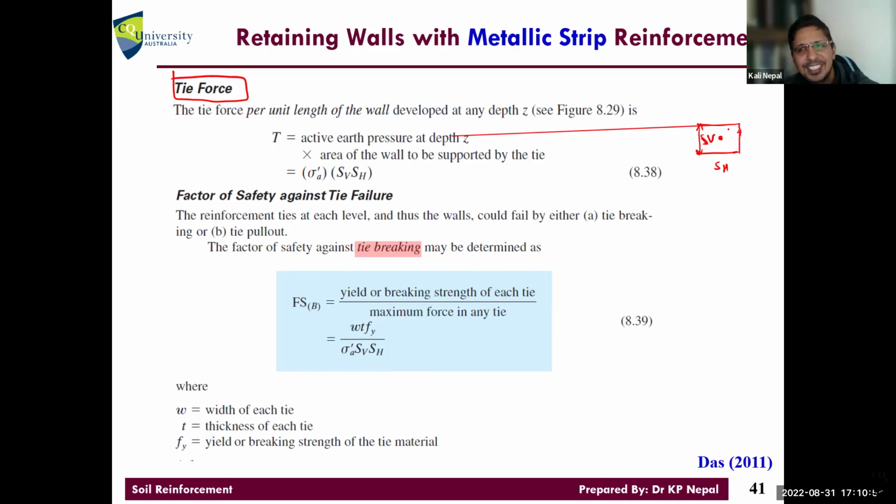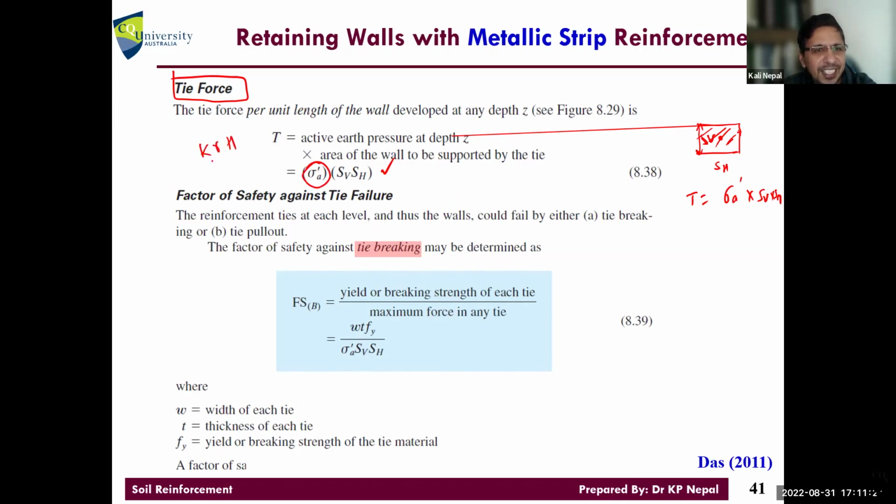So the tie force T must equal the total area multiplied by the lateral earth pressure pushing out. That means sigma h, the lateral earth pressure due to that block of soil, times the area, SV times SH.